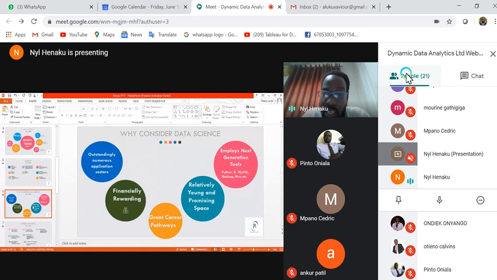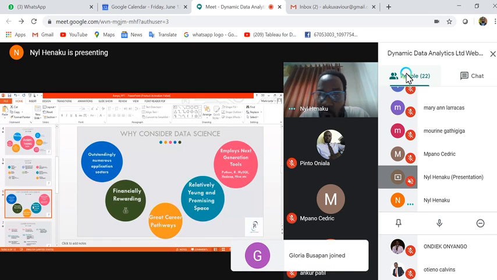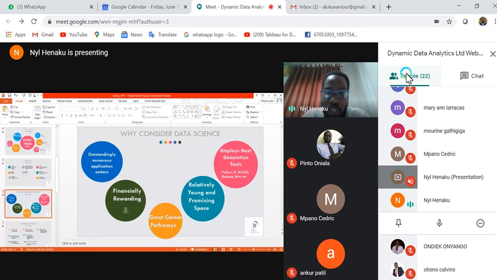Okay, so now let me go back to why consider data science. I used the first reason to talk about the usability and the application areas of data science. So now let's move to the second one.